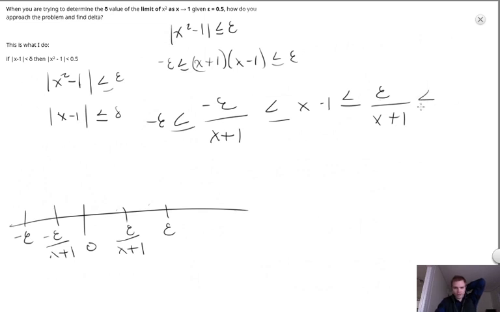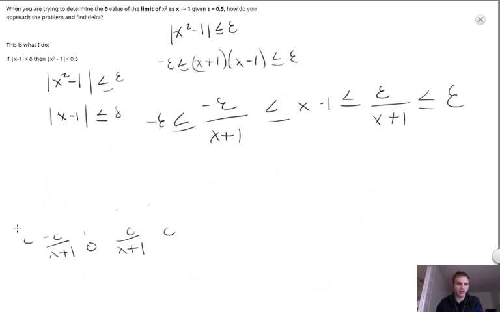But actually, we don't care what this is less than. We just need to be certain that this number, x minus 1, is less than this number. So that's fine. This should be possible. I think I was just making the mistake when I was checking it.